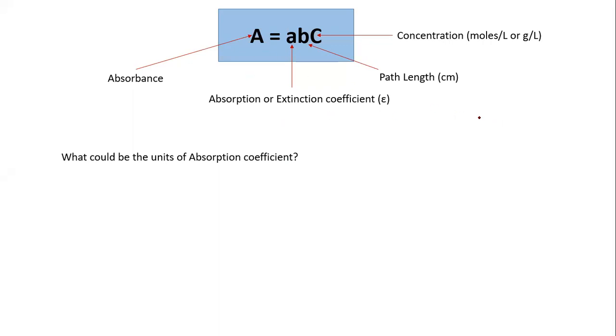See, consider the unit for absorbance, there is no unit, so I will write it as 1 is equal to A. We don't know the units of small a. What are the units for path length? Centimeters, right? What are the units for concentration? We can either write it as moles per liter or grams per liter, right? So I will take it, say, moles per liter.